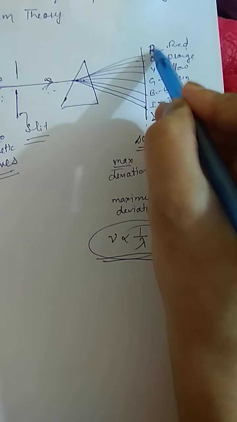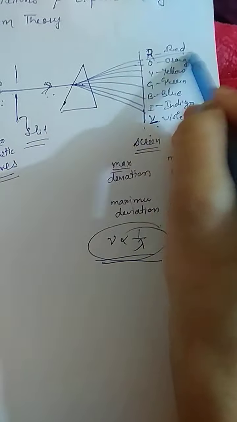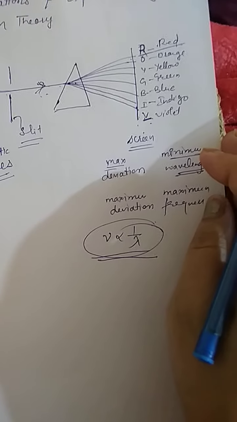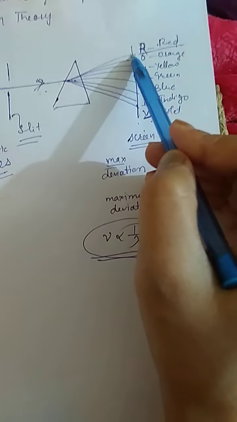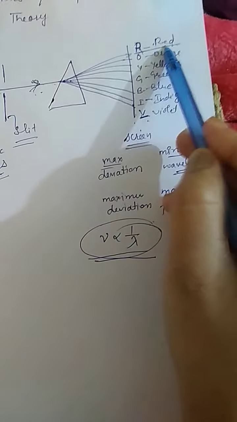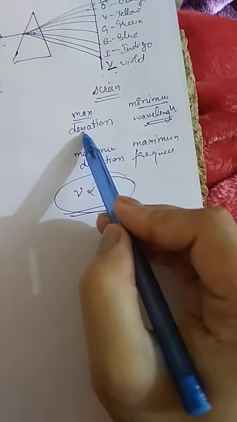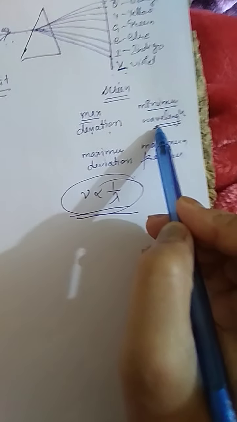That is why you might have seen red color on signals: we use red light because there is minimum deviation in the wavelength of red color. So maximum deviation, minimum wavelength.